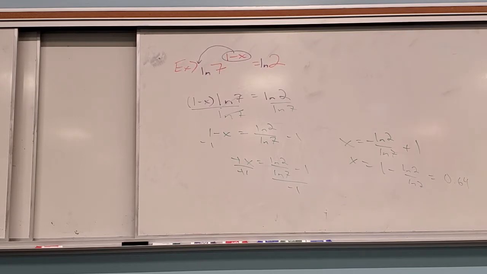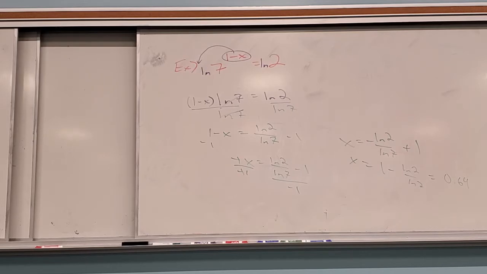Okay, so I want to do 1 minus natural log. See how it assumes a parenthesis?